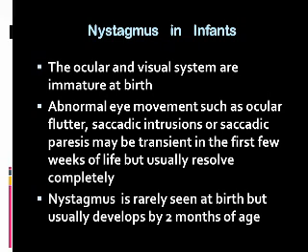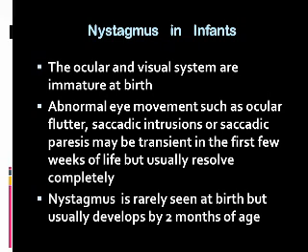In the next few slides, we will discuss one of the most common complaints we see in our clinics, especially in infants, which is nystagmus. Okay. We know that the ocular and visual systems are immature at birth. Abnormal eye movements such as ocular flutter, saccadic intrusions, and saccadic paresis may be transient in the first few weeks of life, but may resolve completely.